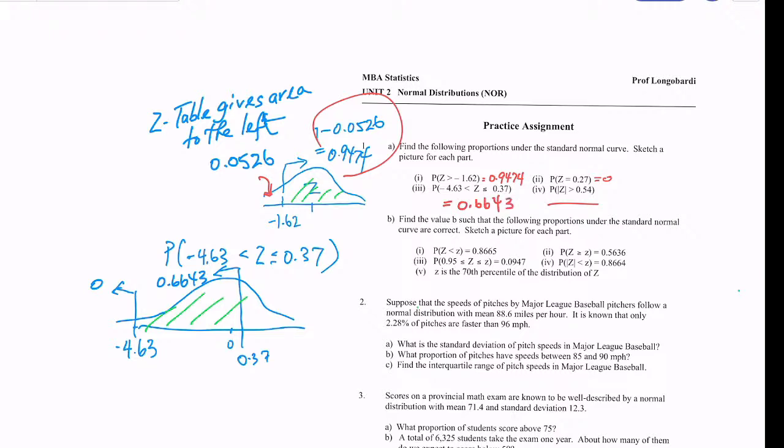Notice I didn't do anything about this extra equal sign here. Less than or equal is the same as less than, since z is continuous. Any questions?